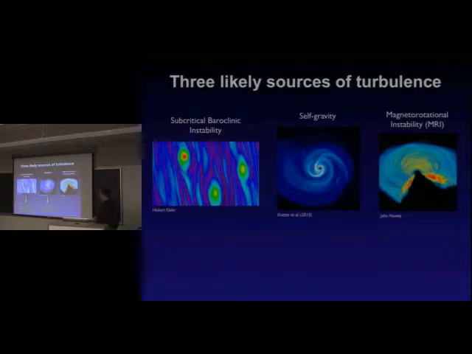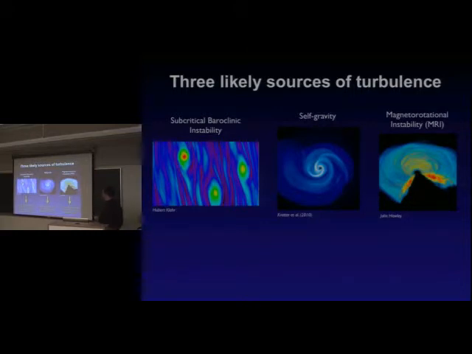This is mainly important very early on, like what Caitlin was working on, or for very massive disks, or potentially at large enough radii, depending on the surface density and the temperature. And then finally, the magnetorotational instability is probably thought of as the most likely candidate for generating this turbulence at late times in the disk's evolution.